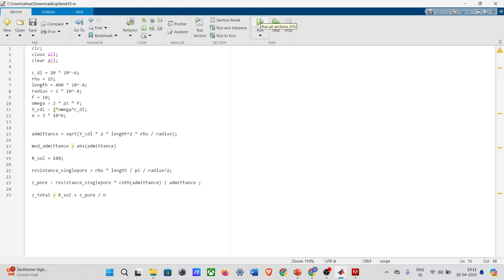Yes, ma'am, dimensionless admittance requires under root. You are correct. ML square is equal to the dimensionless constant. So if you want to find the dimensionless admittance, you will have to take the square of ML square, I mean the square root. Please check the derivation.